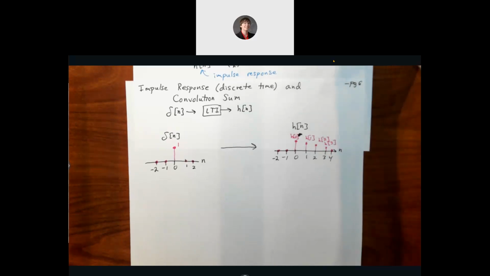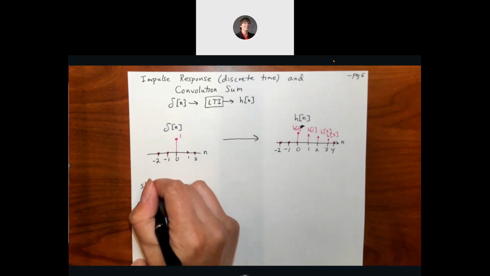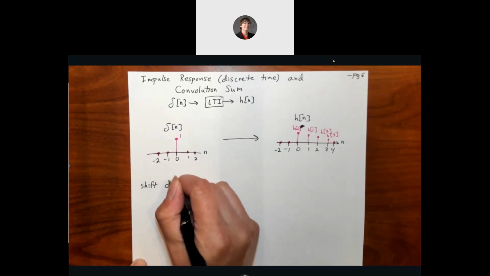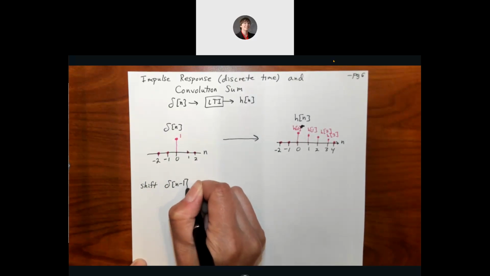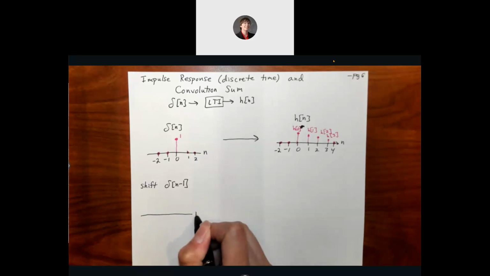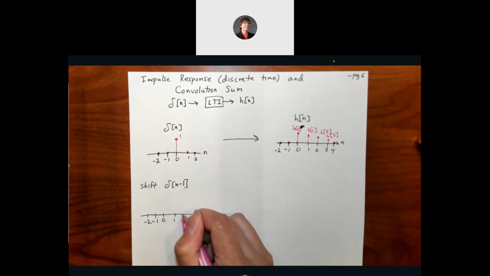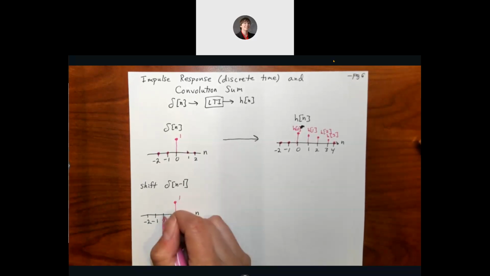So what I know with LTI systems is that if I take my input and I shift it, right? So let's say that instead of delta n going in, I have delta n minus 1. So minus sign, that means I'm shifting it to the right. My impulse now, instead of occurring at 0, is going to occur at 1.